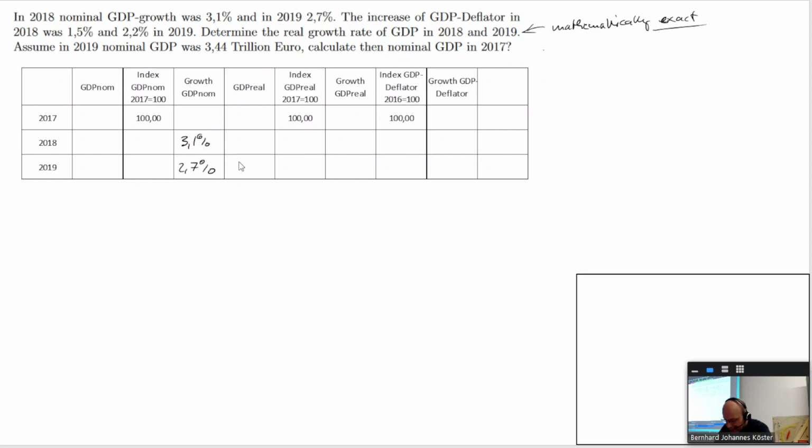What else? The increase of the GDP deflator is nothing else than the growth rate of our GDP deflator. So 1.5 and 2.2. What else? In 2019, we have 3.44 trillion euros in nominal GDP.